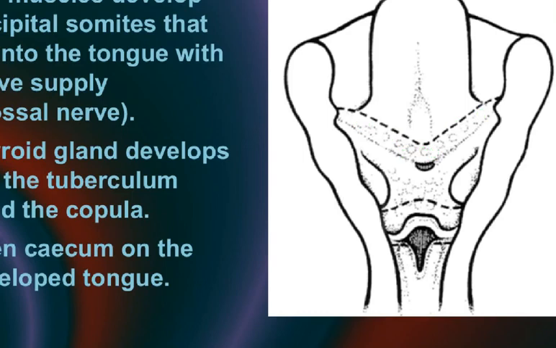Circumvallate papillae, anatomically, are part of the anterior part of the tongue. But embryologically, they belong to the posterior one-third of the tongue. So their innervation, general sensation and taste sensation, should follow the posterior one-third. So their nerve supply, general and taste, is from the glossopharyngeal nerve.